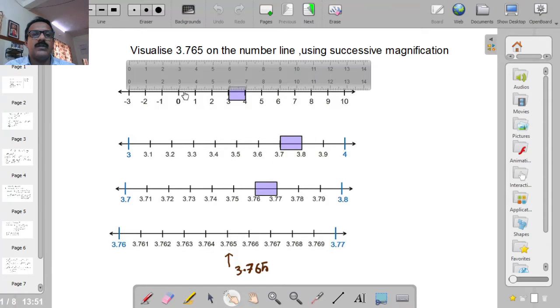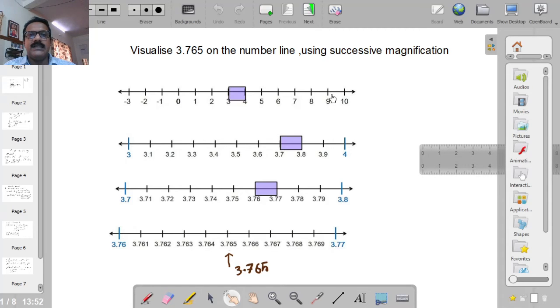Then 1 centimeter away from the origin, we locate 1, then 2, then 3, like that we have marked the units on the number line. To the left side we have -1, -2, -3, etc.